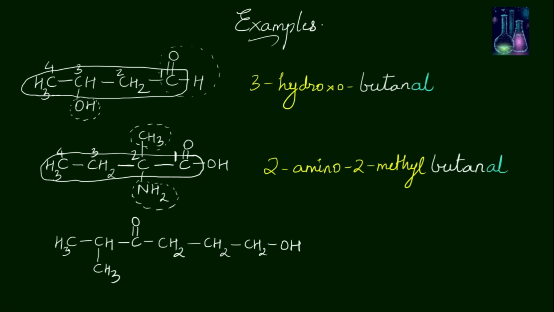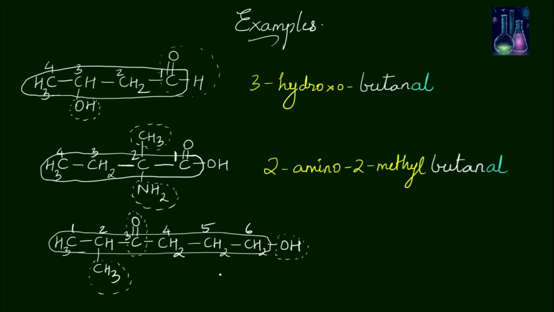Now let's see our next example. This is your longest carbon chain. Now this is your functional group, the ketonic functional group. Therefore, you will try to give the least possible number, 1, 2, 3, 4, 5, 6. And the sixth carbon has the OH functional group, alcohol, and the second position has the methyl group.